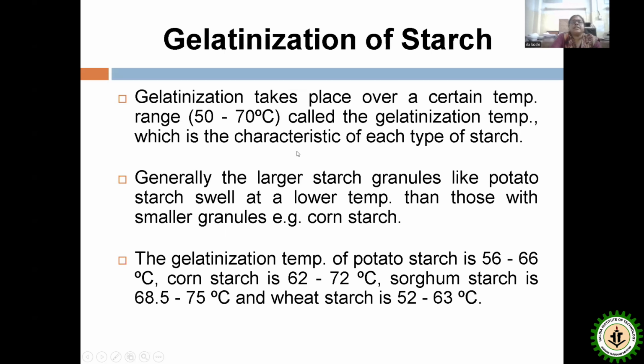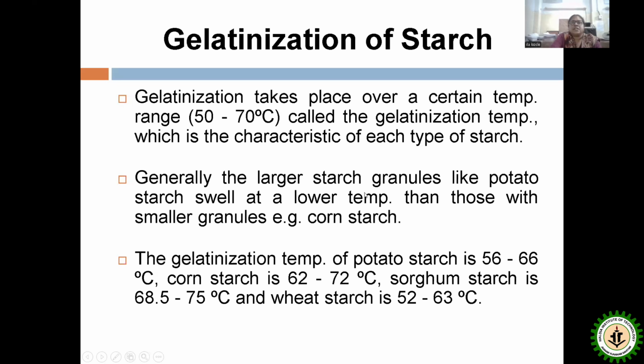Now, gelatinization takes place over a certain temperature range, approximately 50 to 70 degrees centigrade, and this temperature is called the gelatinization temperature. This gelatinization temperature is characteristic for each type of starch. It means each individual starch will gelatinize at a particular temperature.